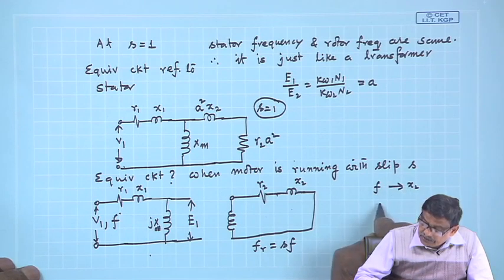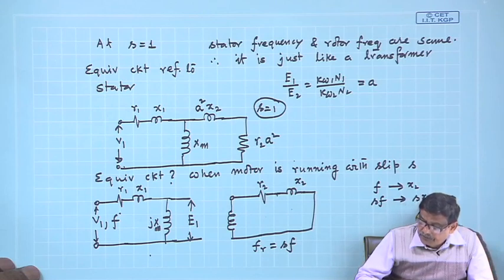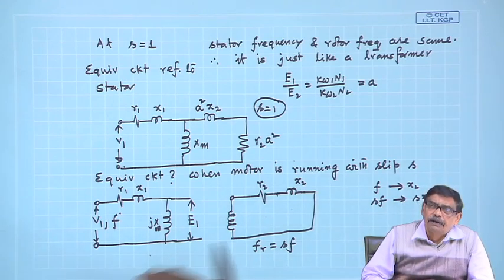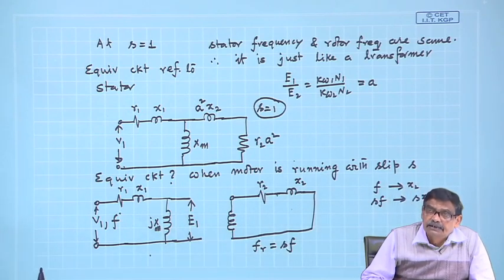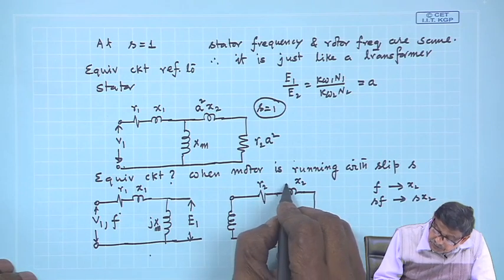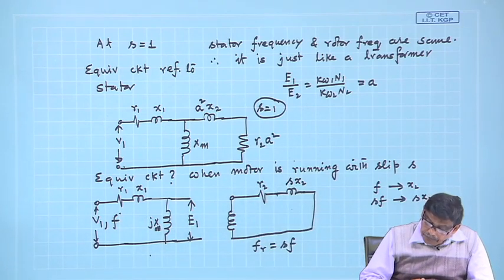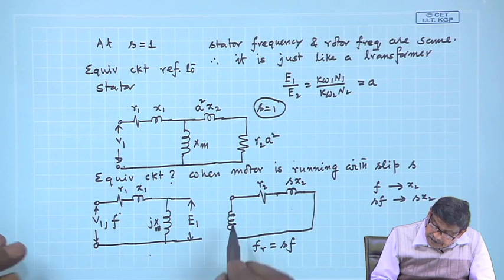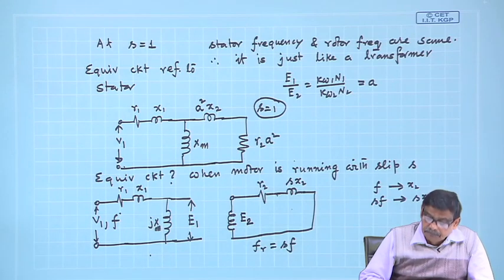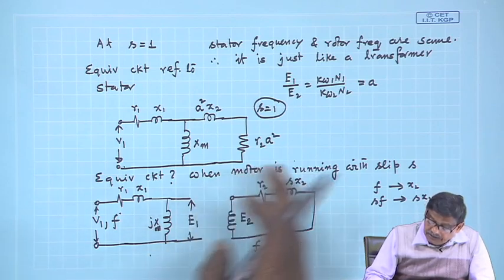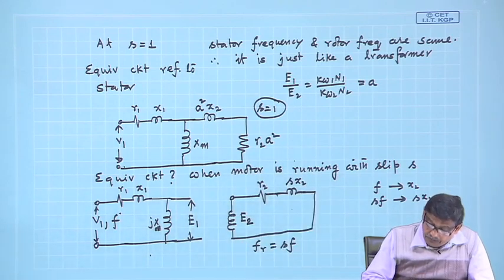This reactance was X 2 at F, at SF it will be S into X 2, obviously 2 pi SF into L, if L is the leakage inductance, you can easily show. So, this should be S, and this is of course your E 2 at some S, which will also be less. So, this is the scenario at s not equal to 1.